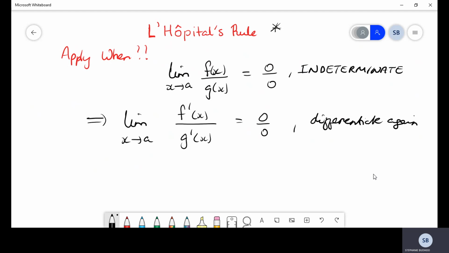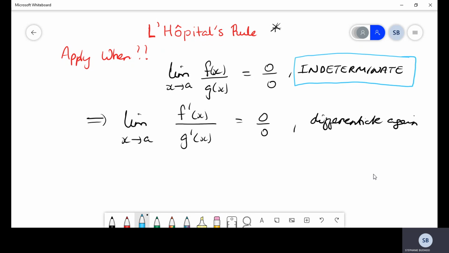So this is what I meant by it doesn't work, right? Sometimes you still get a case where you're going to get 0 over 0. Just try differentiating over and over and over. Students tend to use this rule for everything, and there's a condition when this rule can be used, and the condition is that upon your first initial evaluation of applying the limit, you must get the indeterminate form.